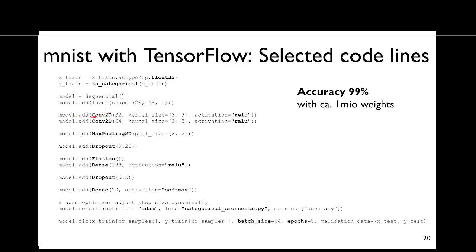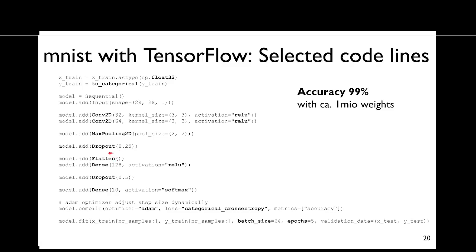And with Conv2D and the command add on the model, we introduce the first convolutional layer that has 32 kernels of a size 3 by 3 and an activation function of ReLU. Then we introduce a second convolutional layer of 64 kernels. After that, we're reducing the size of the data and apply max pooling with a pool size of 2 by 2. Then we drop out a quarter of the neurons.